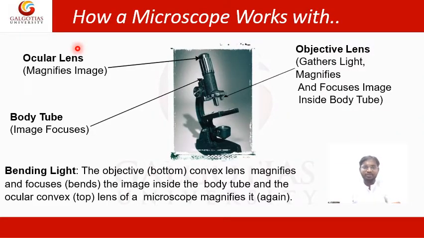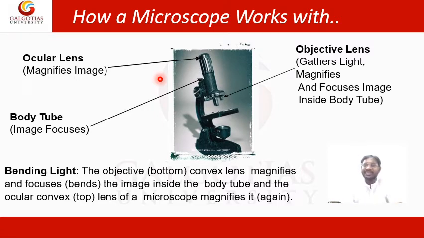A basic microscope has three major parts: one is the ocular lens, the second is the objective lens, and the third is the tube. We have other parts also, but compared with them, these are the most important for magnifying the image. What is the use of the microscope?